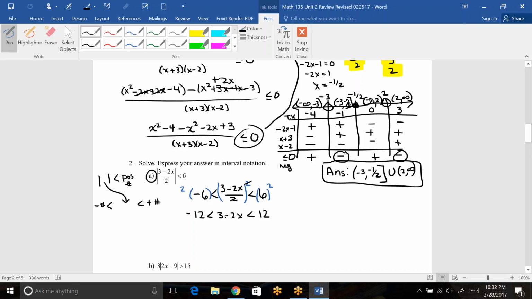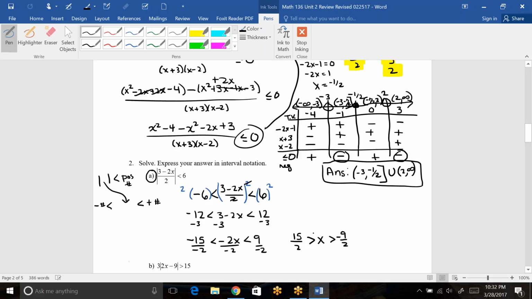This is kind of like 1a that we did together, so we need to subtract the 3 from the middle and the other two sides. That gives me negative 15 is less than negative 2x is less than 9. And then finally, we divide everything by negative 2. Because we're dividing by a negative, not only does it change the sign of the fraction, it also flips the inequality.